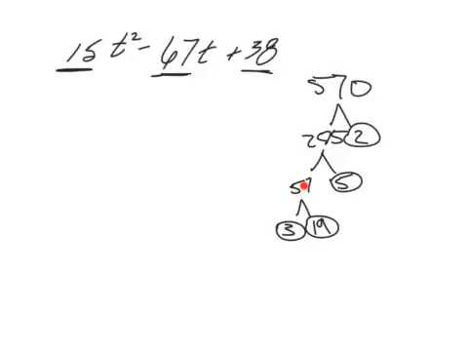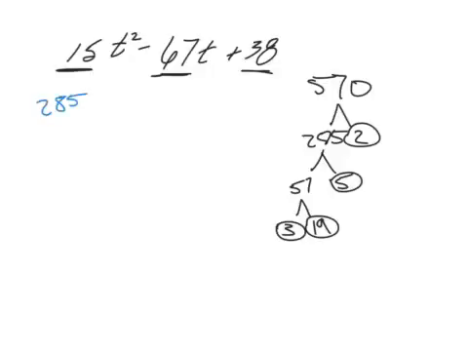So 57 times 10 is 570. 285 times 2, 2 times 19 is 38, times 15 will give me 570. So there's all kinds of combinations here to get 570. So let's go ahead and write some down.